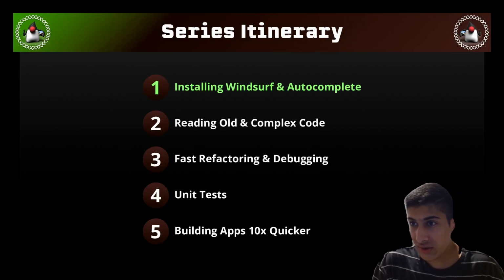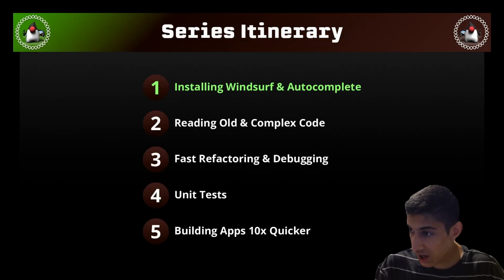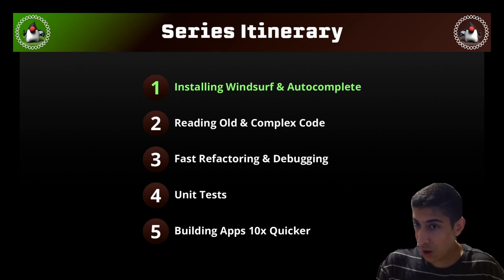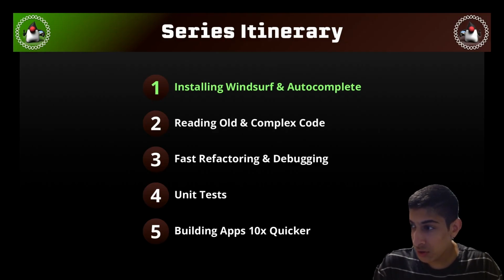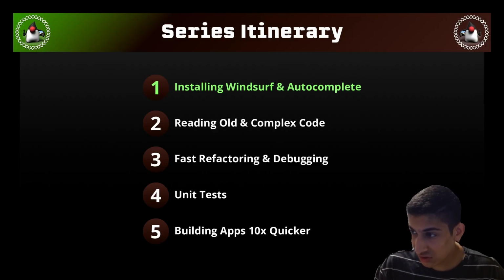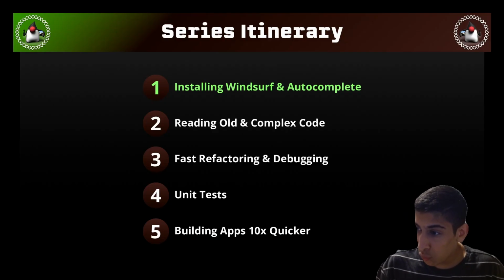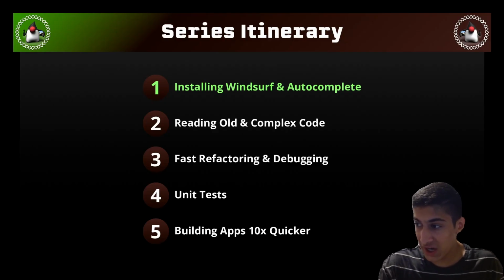So this series, Java with AI, is going to consist of 5 videos. And throughout these 5 videos, we're going to gradually progress from just using simple autocompletion and suggestions the AI gives us to building full-fledged apps 10 times quicker, making use of the power of AI.